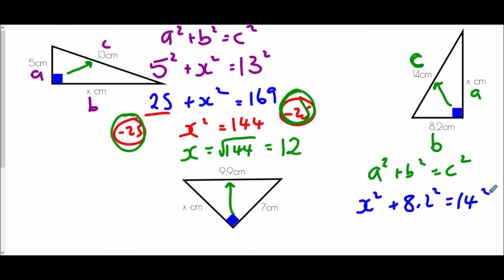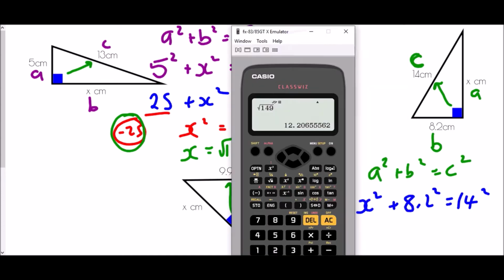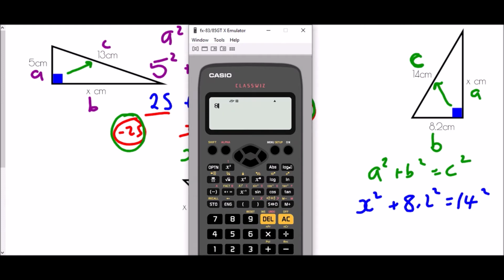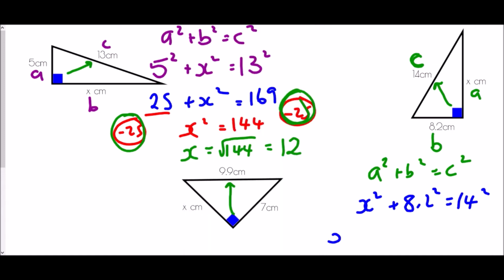How am I going to get the answers this time? Well, again, here I'm actually going to need my calculator in order to find the different square values. So 8.2 squared is 67.24, and so that's telling me x squared plus 62.74 equals, and 14 squared, I know that is 196.